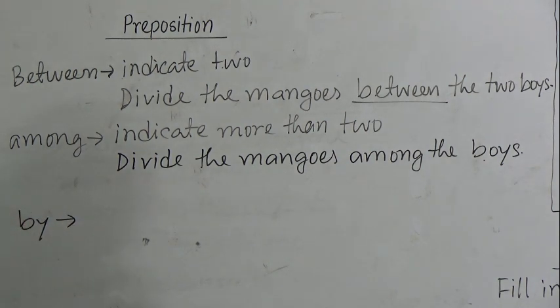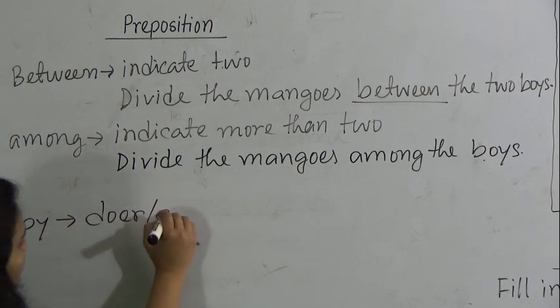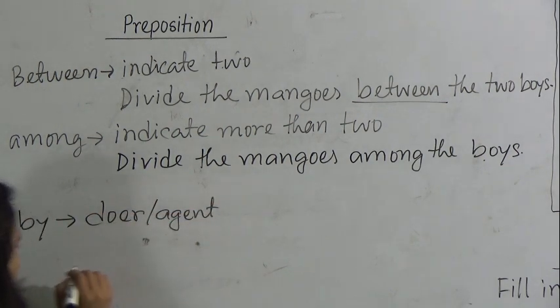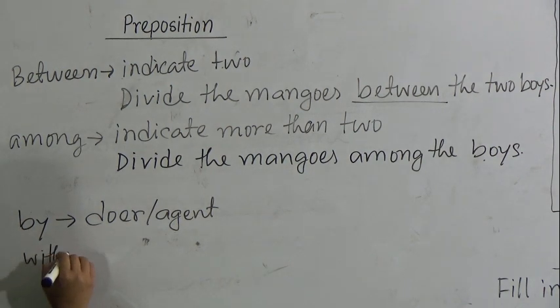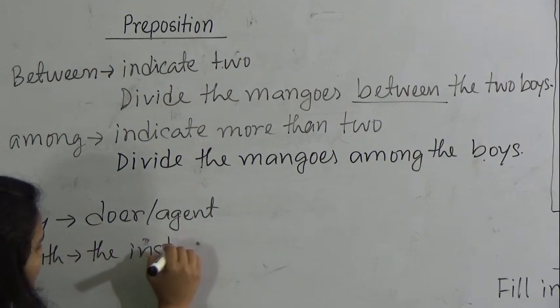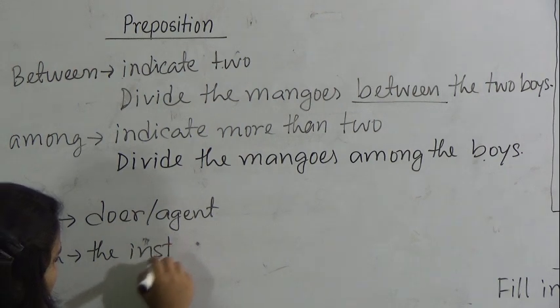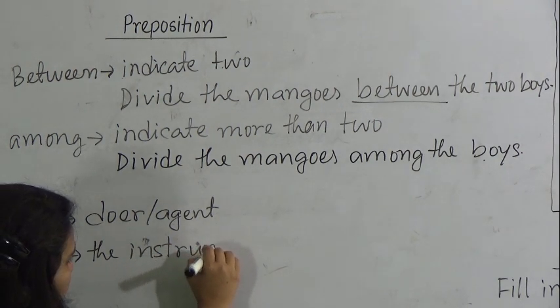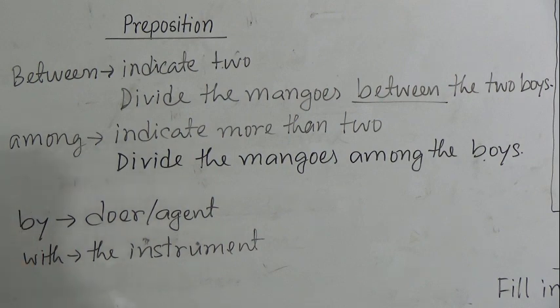We can use by to indicate the doer or the agent, and we can use with to indicate the instrument, that means the things we use to do something.